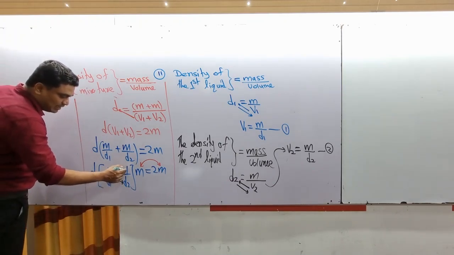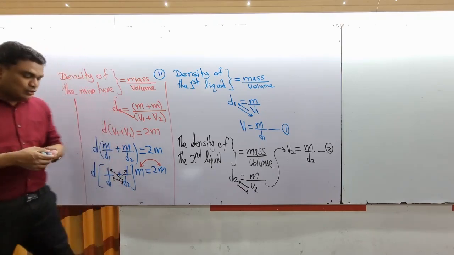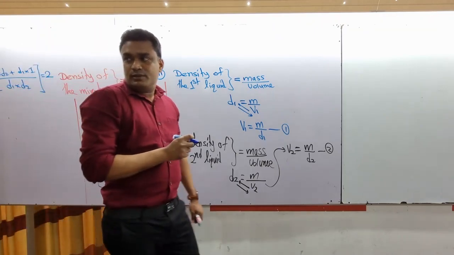Then, should multiply the numbers as a cross. This is how we take a common denominator. So then, it is D into D2 plus D1 divided by D1 into D2. The other side we have only 2 because M and M cancel.